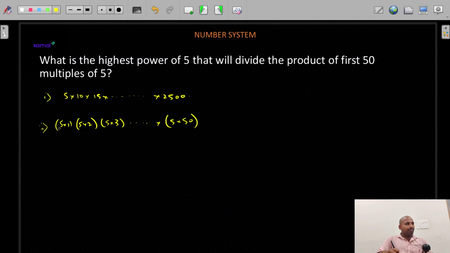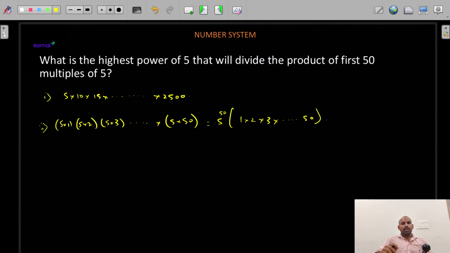So I have multiplied 5 fifty times. If the bases are the same, I can add all the powers. Eventually it will become 5 power 50 into 1 into 2 into 3, and keep going up to 50.